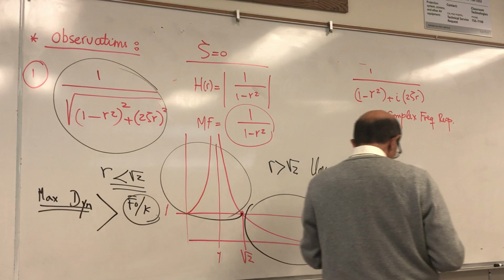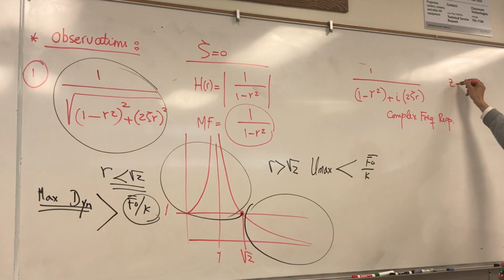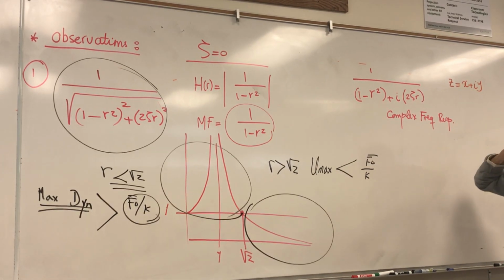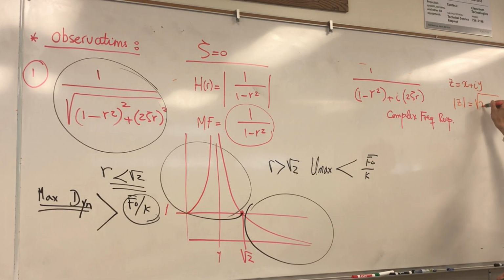What do we mean by that? If you have a complex number, x plus i y, the magnitude of that complex number is the square root of x squared plus y squared.